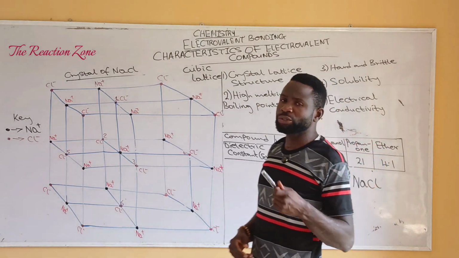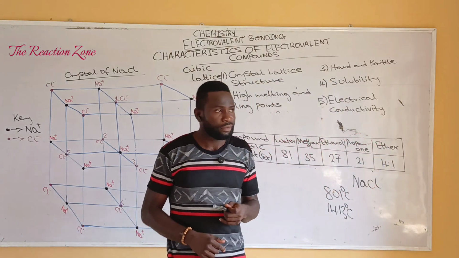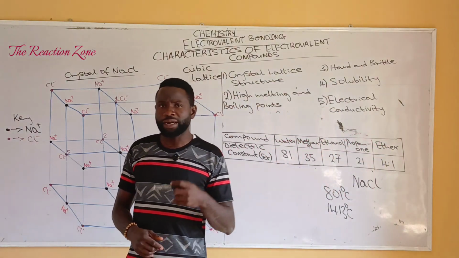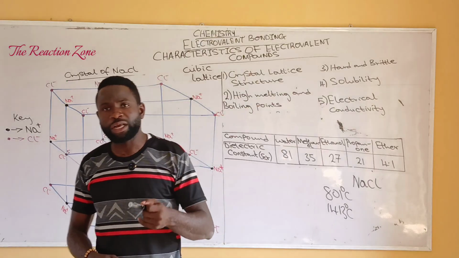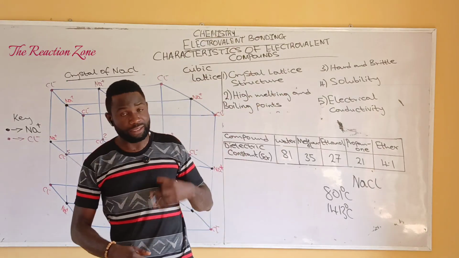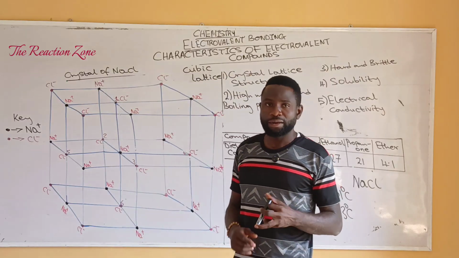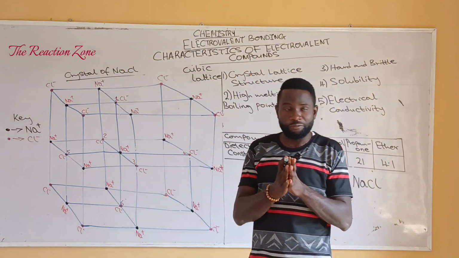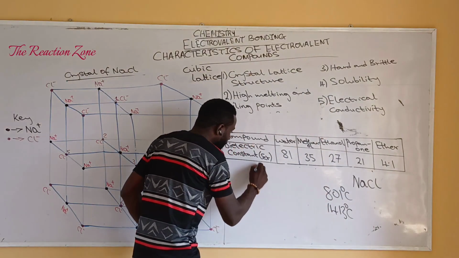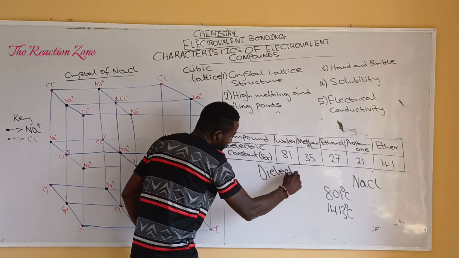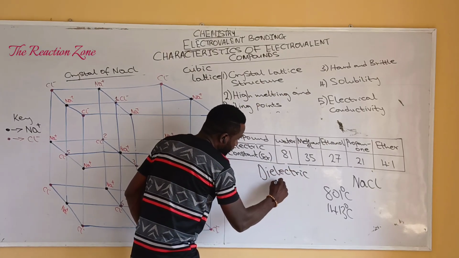Electrovalent compounds are soluble in polar solvents, like water, but they are insoluble in non-polar solvents like benzene and ether. Polar solvents like water have a very high value of what is called dielectric constant.